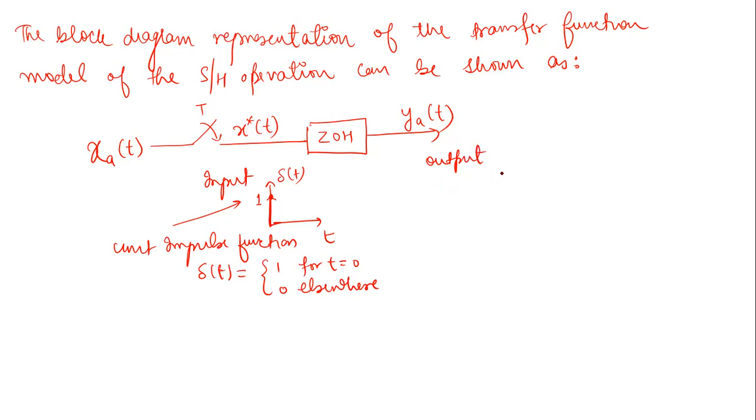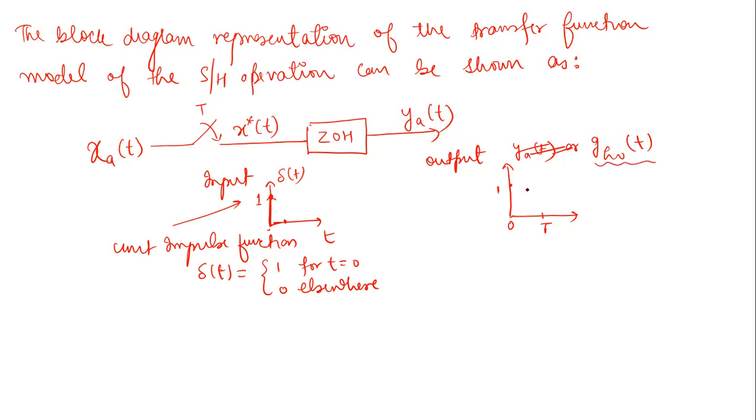Then on this side we have the output. Because the sample is 1 at t equal to 0, after some time T we will have all the values 0. So let us say that time is capital T. At 0 we have the magnitude 1.